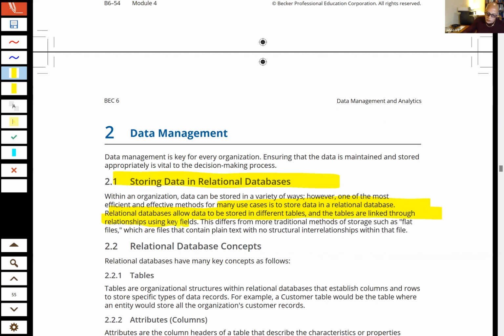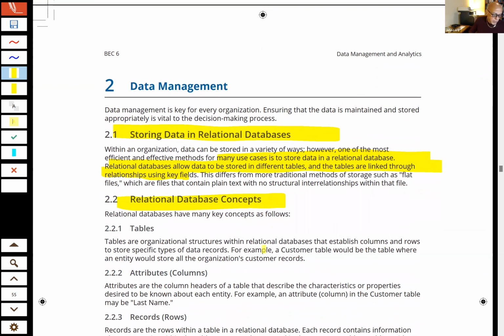When we look at these relational databases, we want to understand different concepts, starting with tables. Tables are organizational structures within relational databases that establish columns and rows of information. Guys, just picture an Excel spreadsheet.